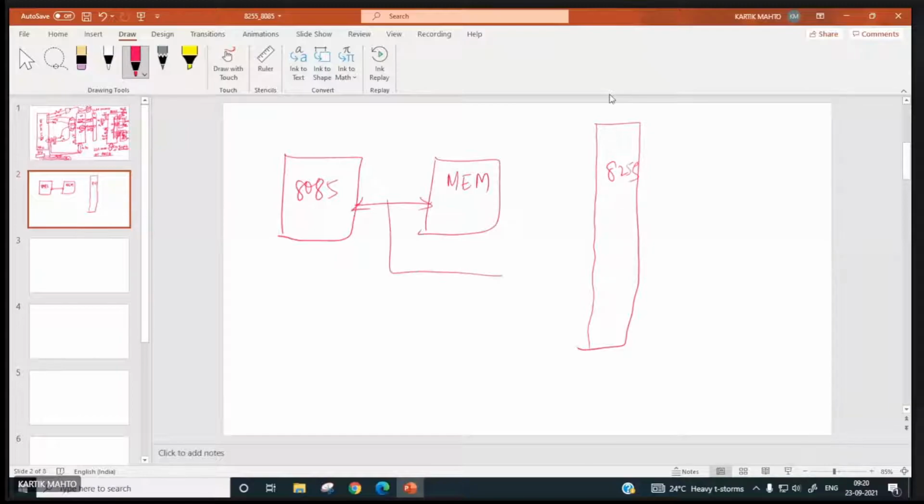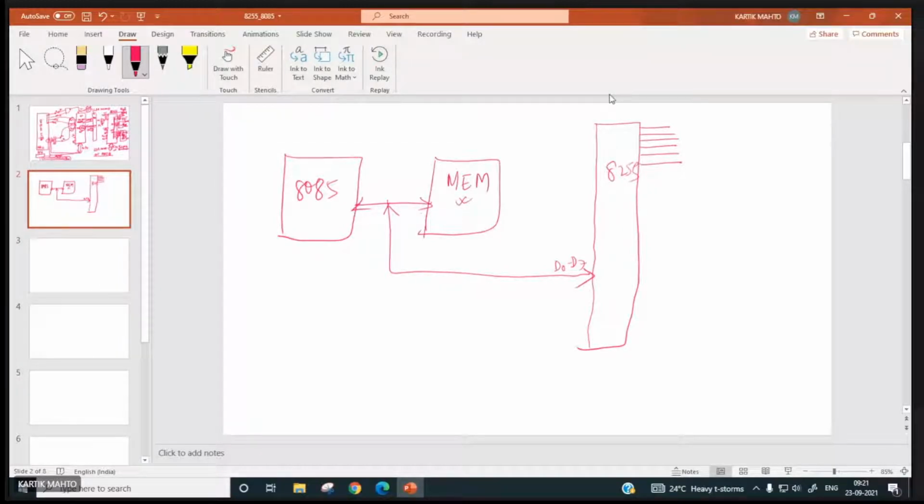This is also interfaced with memory. Now here you will have external pins like this. Apart from D0 to D7 or address pins, it will have these external pins also. But here, apart from address and D0 to D7, you won't have any external pin in memory chip.